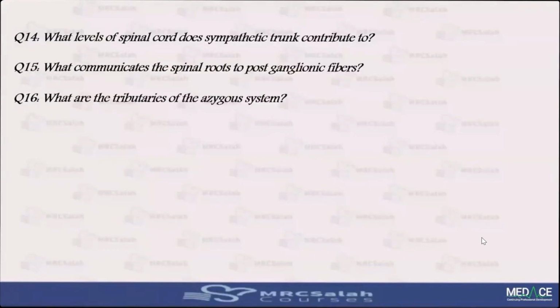The hemiazygos and the accessory hemiazygos, then the right superior intercostal veins, the lumbar veins, the pericardial, esophageal, mediastinal, also bronchial veins, and the lower right posterior intercostal vein.